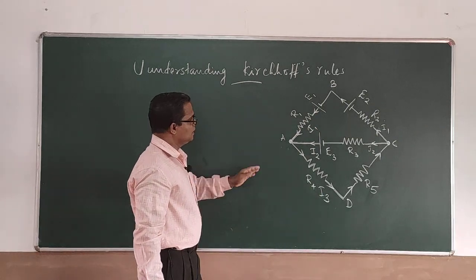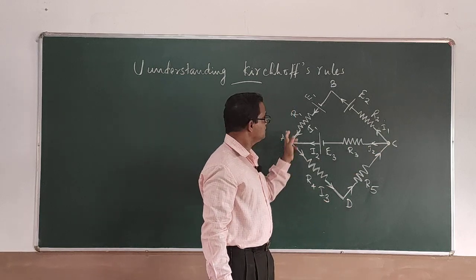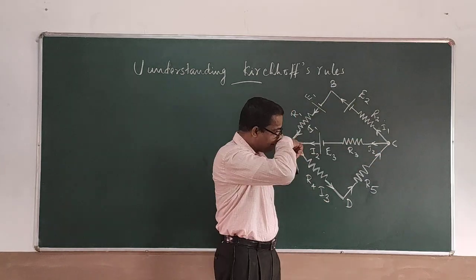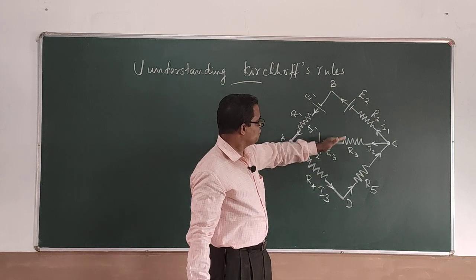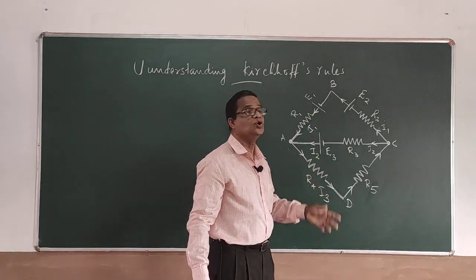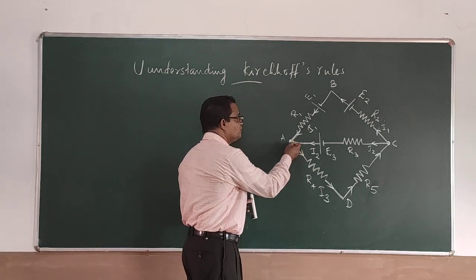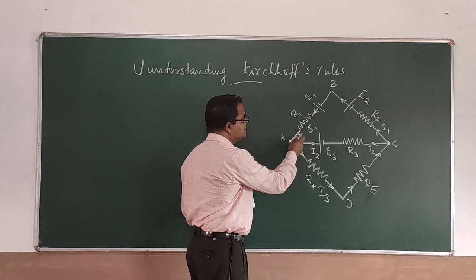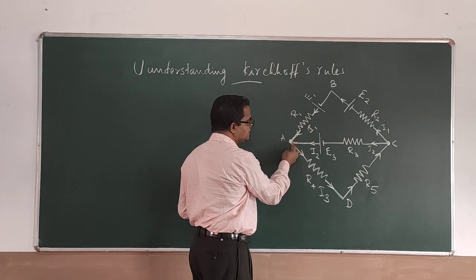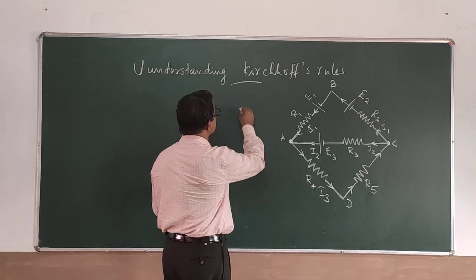Now, actually A, B, C, D, A, this is a big loop here, and there are two small loops here. So like that you can have three different loops. Now applying Kirchhoff's first rule for junction A, we can see I1 reaches here, I2 reaches here and flows out as I3.